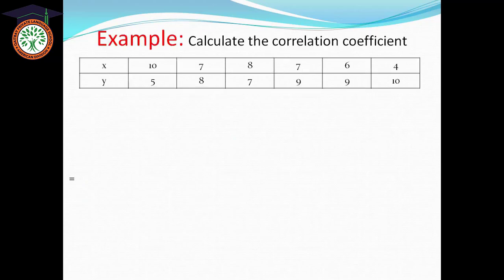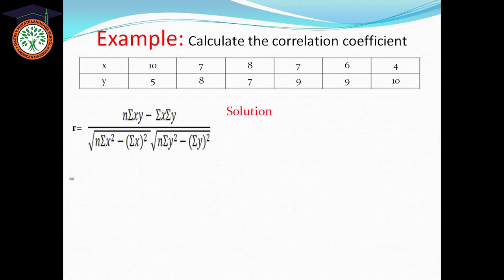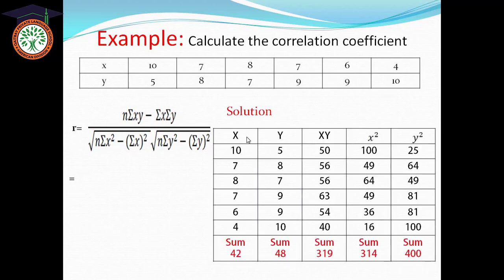Let's see how to use the formula to calculate the correlation coefficient. Here we have an example. Here we have a relation between two data sets, X and Y, and we want to calculate the correlation coefficient, which is R. This is our formula. To use this formula, we need to form a table consisting of 5 columns.